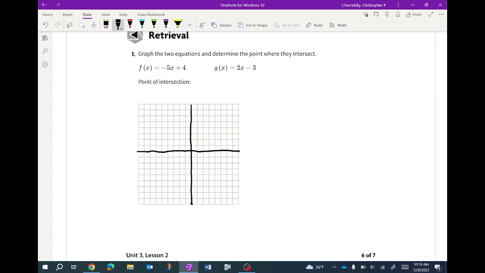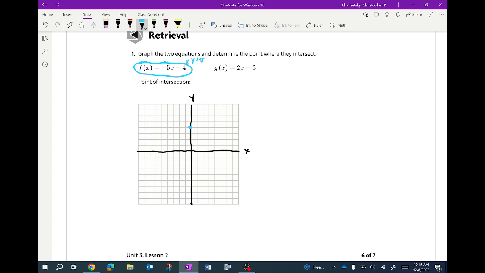There we go. That's our x and our y. Okay, so f of x. I'm going to graph this in blue here. So there's our y-intercept. That's the first place I'm going to go. I'm going to go up to 4 on the y-axis, plot a point.